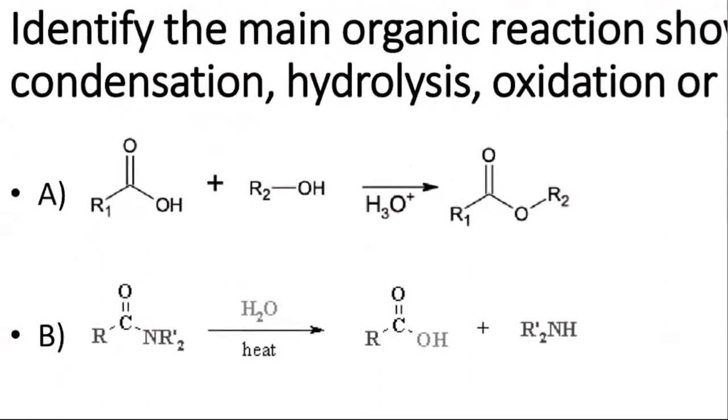Let's go through the first pair. Okay, in the first pair, when it comes to functional groups, this is a carboxylic acid. This molecule is an alcohol. Then understand that you have one molecule and you have another molecule, and we're making a single product, which is an ester.